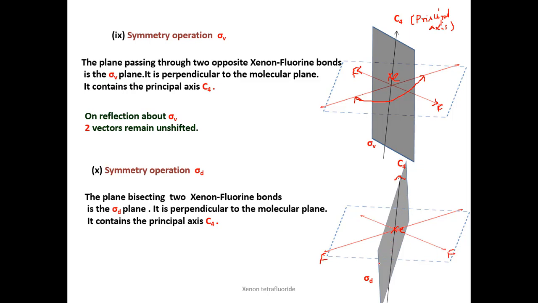This plane bisects these 2 xenon fluorine bonds, whereas the previous plane contains the 2 xenon fluorine bonds, and no vector is present in the plane itself, so all the vectors will get shifted. These 2 vectors which are present on the right hand side will go to the left, and these 2 vectors which are present on the left hand side will go to the right during reflection. So the number of unshifted vectors is 0.